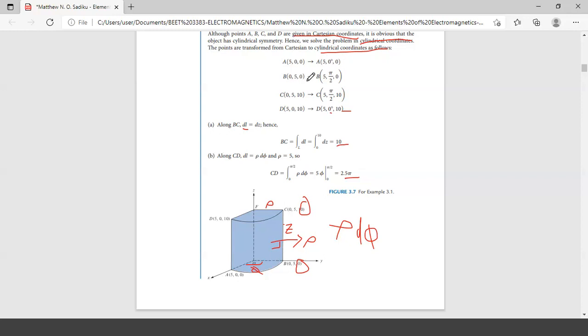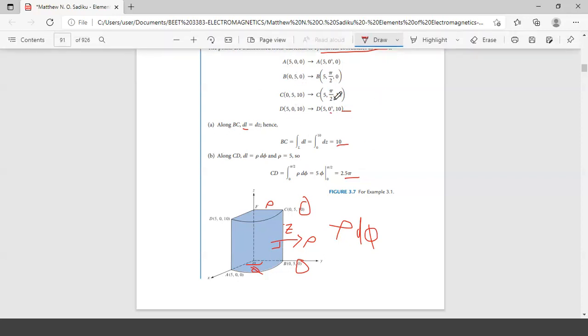Point B (0, 5, 0) gives (5, pi over 2, 0). C (0, 5, 10) gives (5, pi over 2, 10). And D (5, 0, 10) gives (5, 0 degrees, 10). So when we change to cylindrical coordinates, we can solve the question.